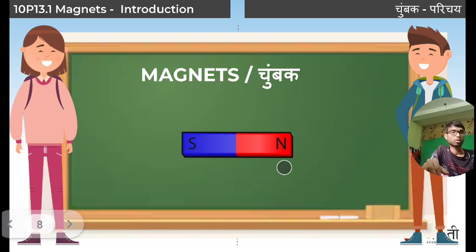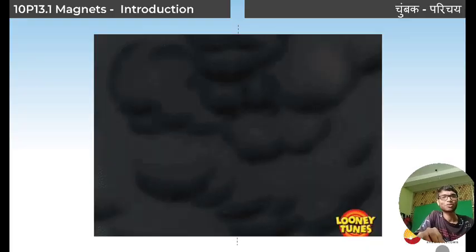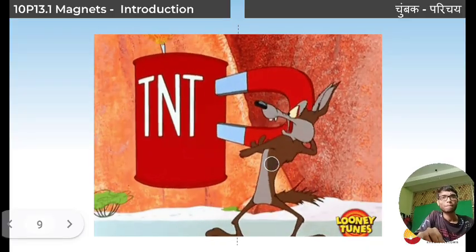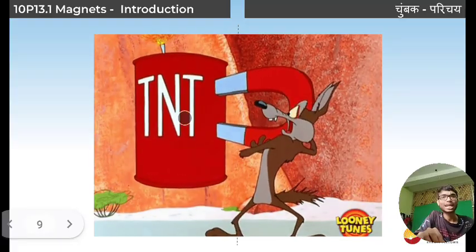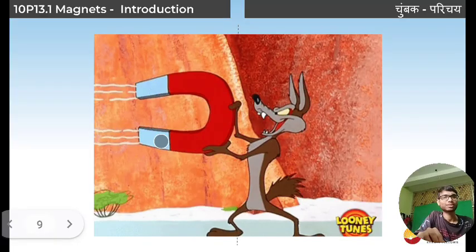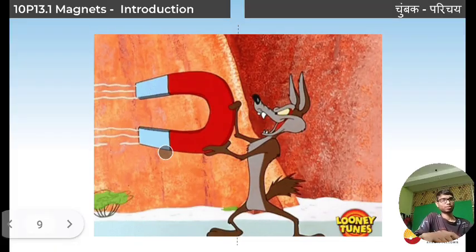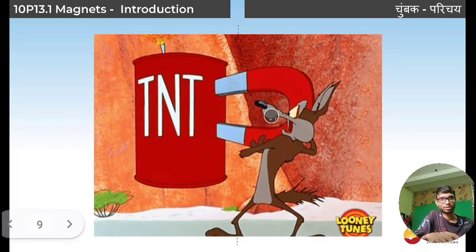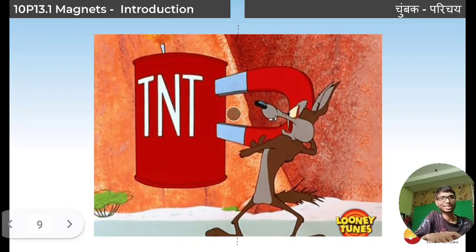Remember this. Now here you can see an animation. What is happening over here? This magnet attracts this tongue made of iron. So you can see the power of the magnet.